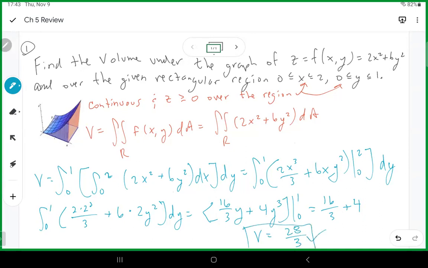And luckily, you don't have to worry about units. So we are done with that one. I'm going to give you guys a few minutes in case you need to write it out.